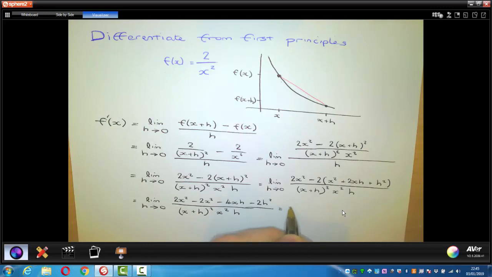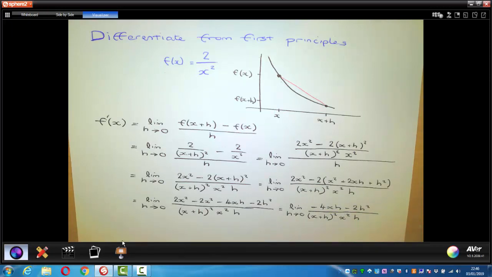And yes, we get a bit of cancelling now. The top line simply becomes, this and this disappear, minus 4xh minus 2h squared, and on the bottom line, x plus h all squared x squared h.